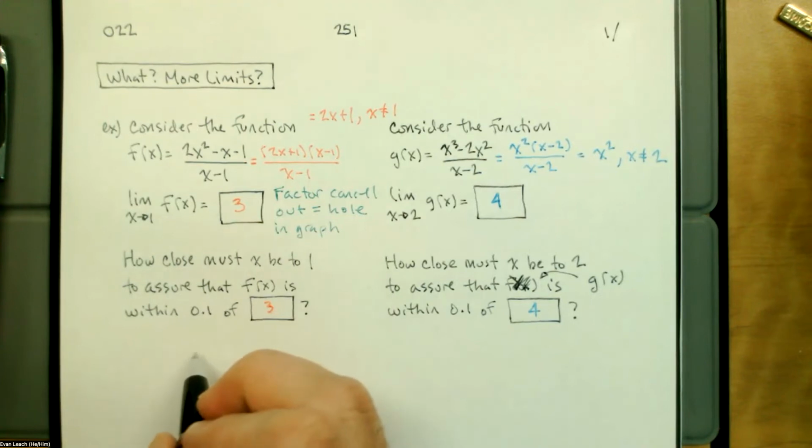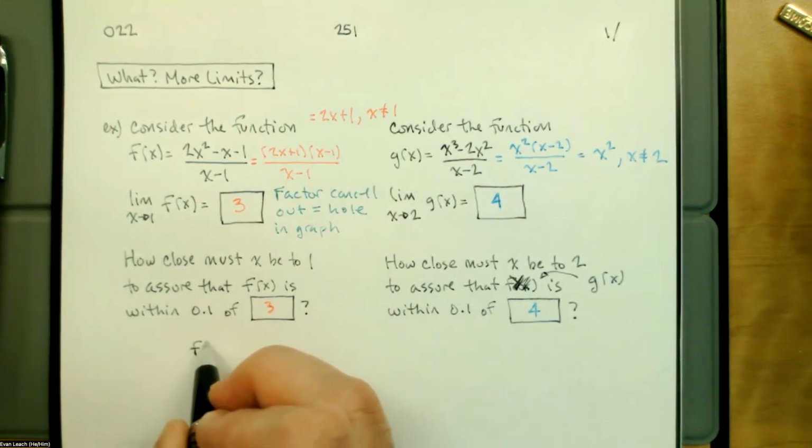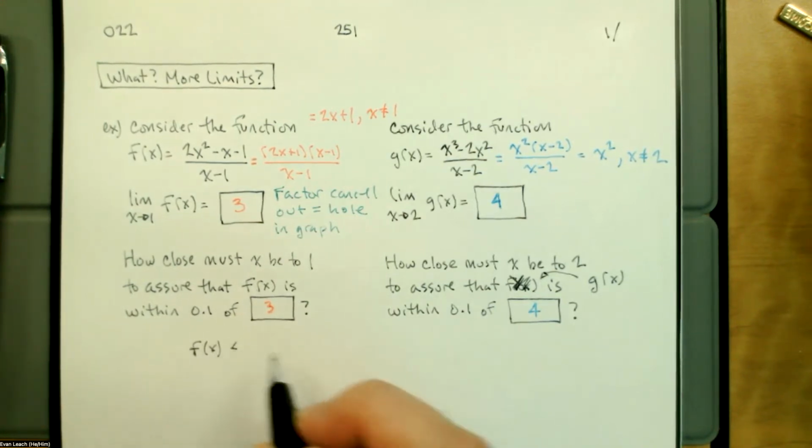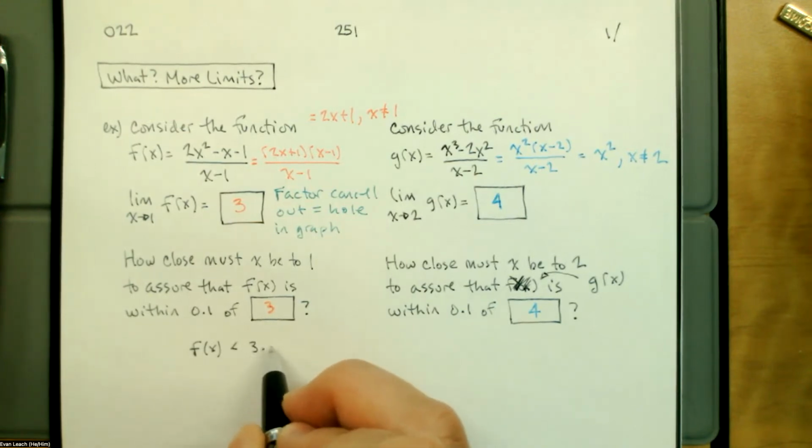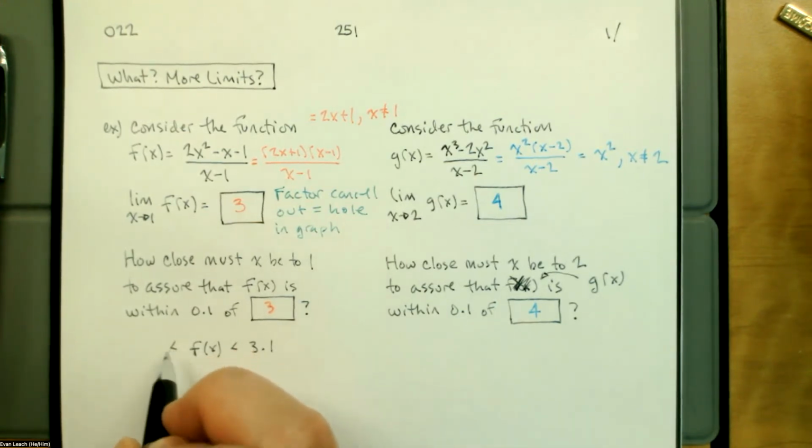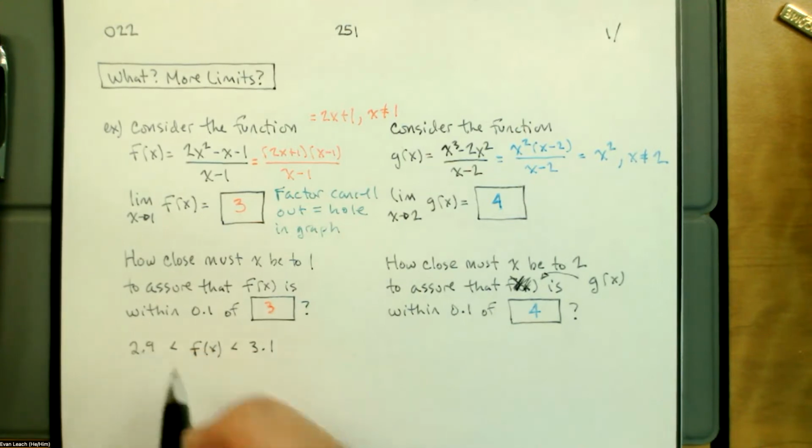I want f of x to be less than 3.1, but bigger than 2.9. So that's 0.1 above and below. I want f of x to land in that window. And we want to think about how close x needs to be to 1.